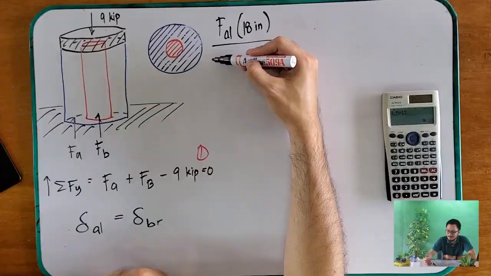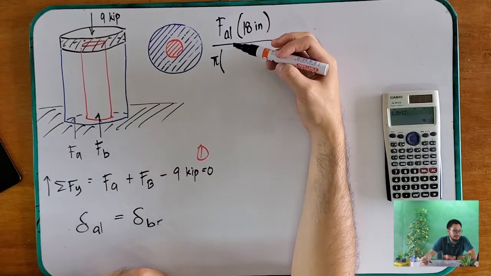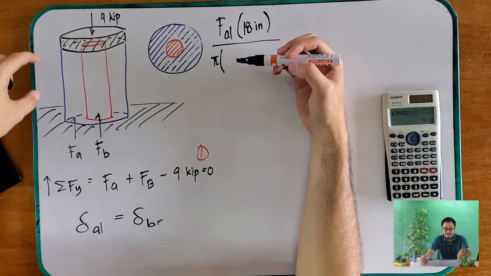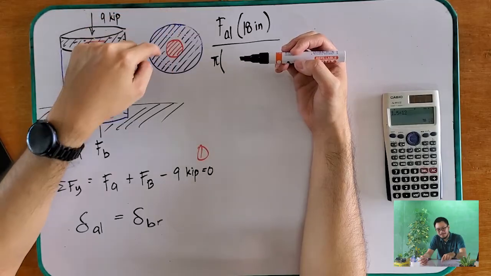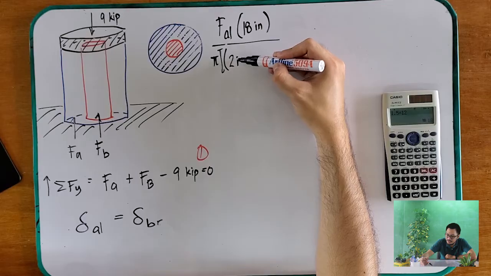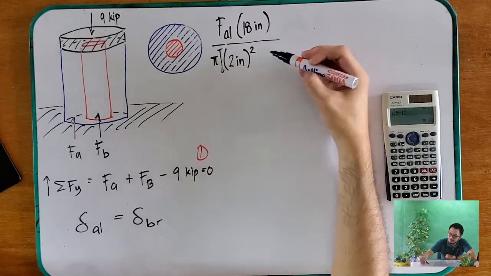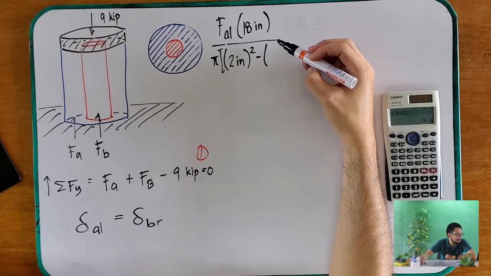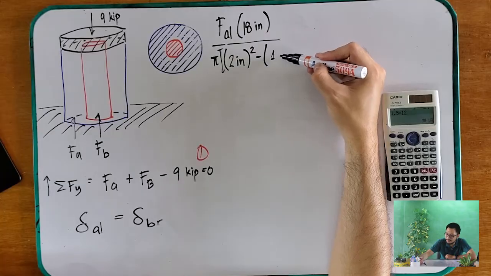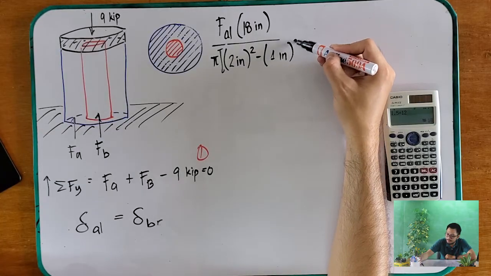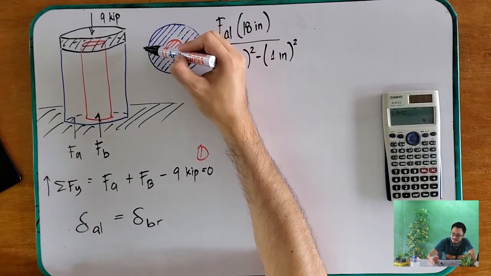Take note, this is pi times, since this is a hollow aluminum, outer area minus inner area: 2 inches squared minus 1 inch squared.